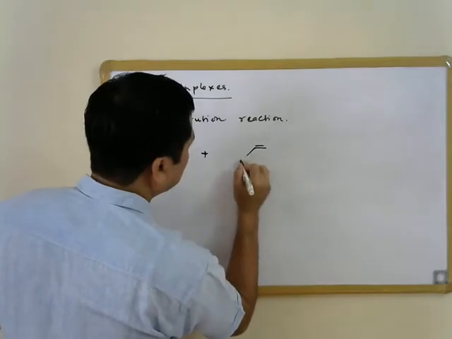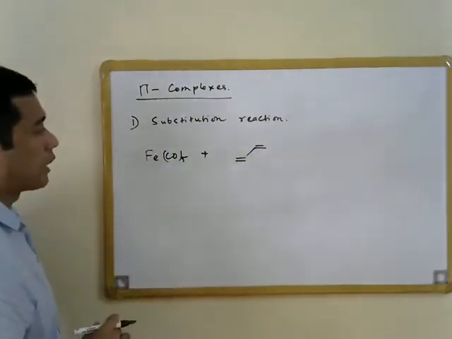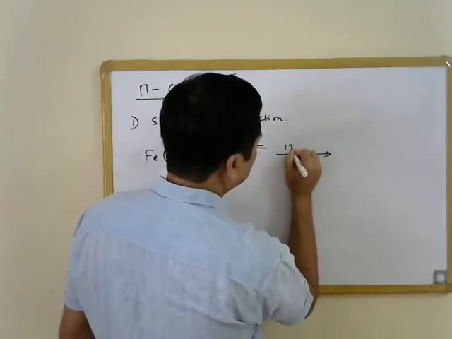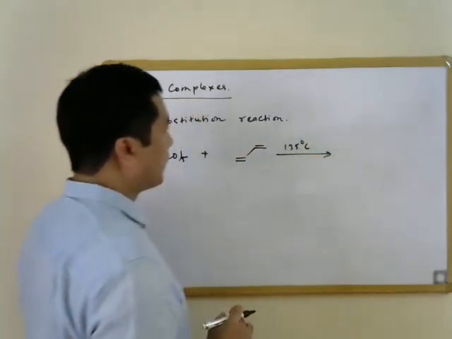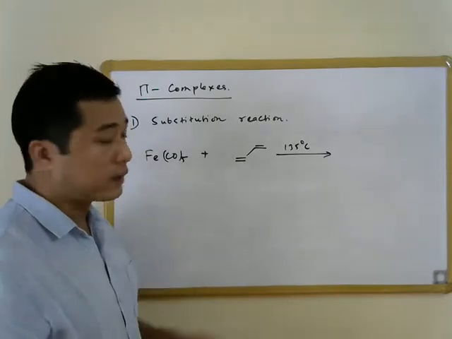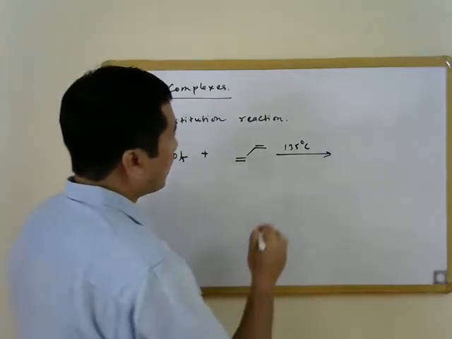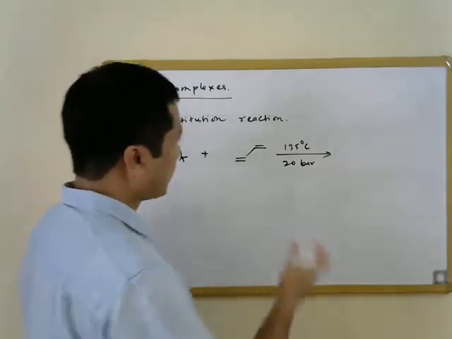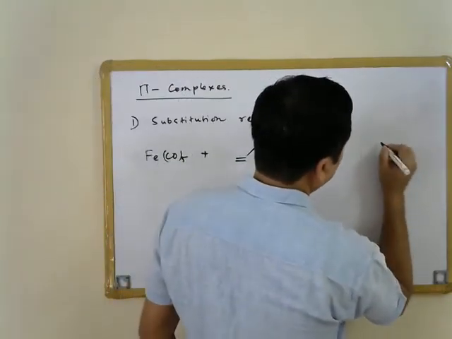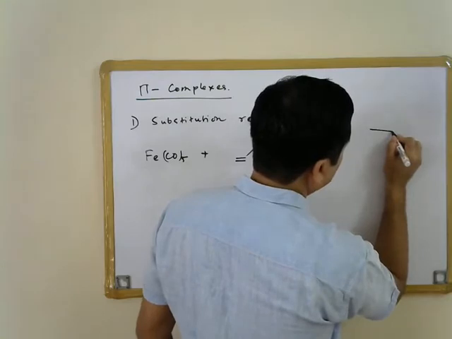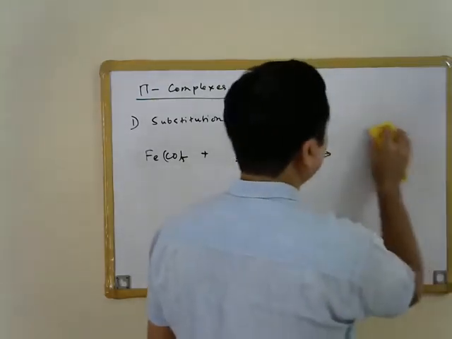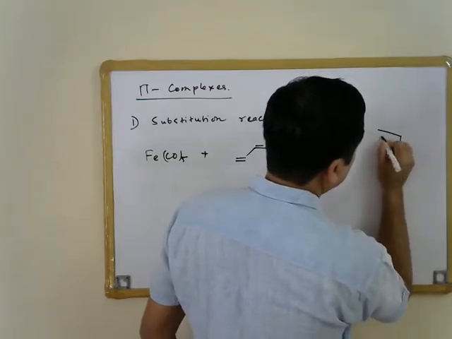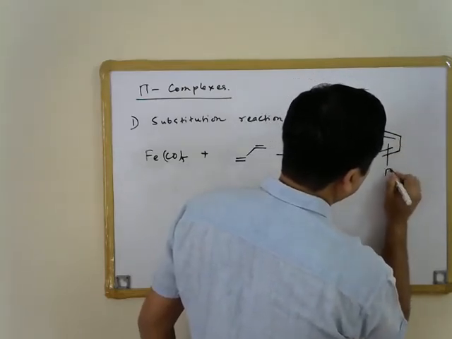If you take iron pentacarbonyl and react it with butadiene thermally, that is, you replace the carbonyl ligand by using temperature, then at high temperature and high pressure of the butadiene ligand, one can replace the carbonyl ligands, and this will give us a butadiene complex of iron.